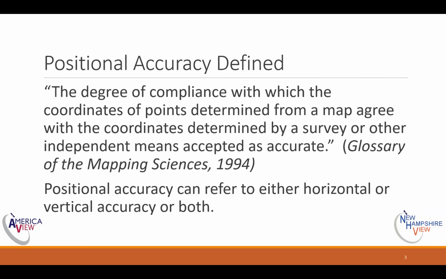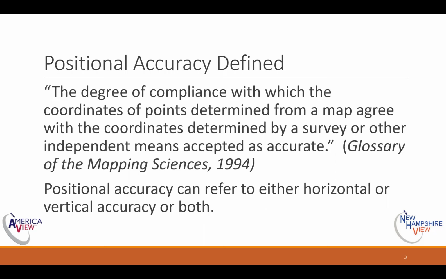So what is positional accuracy assessment? Well, if you look at the Glossary of Mapping Sciences, published back in 1994, but updated since then by the American Society for Photogrammetry and Remote Sensing and others, positional accuracy is defined as the degree of compliance with which the coordinates of points determined from a map agree with the coordinates determined by a survey or other independent means accepted as accurate.